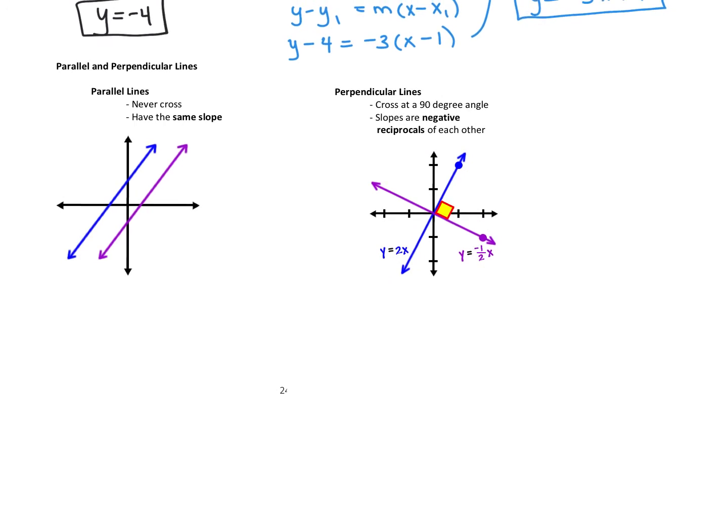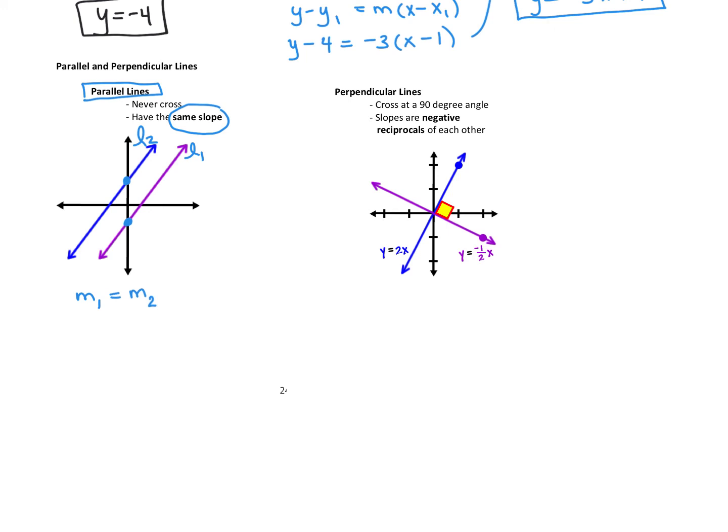All right, parallel and perpendicular lines. We already saw that parallel lines are going to have the same slope, but different y-intercepts. So in this case, if this was line 1 and this was line 2, the slope for line 1 is going to be the same as the slope for line 2.